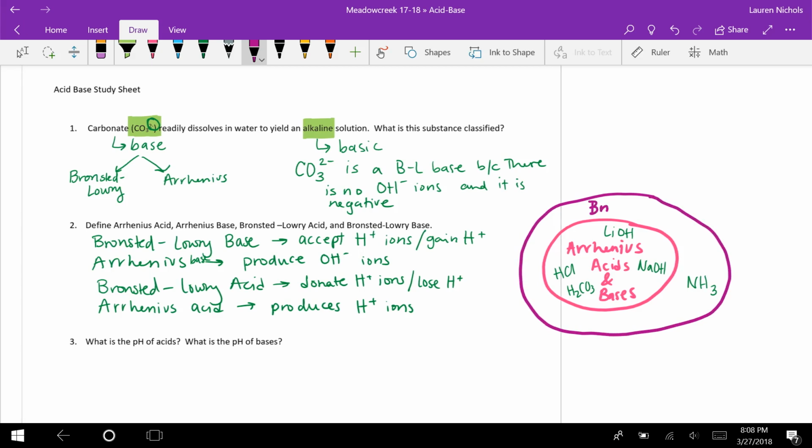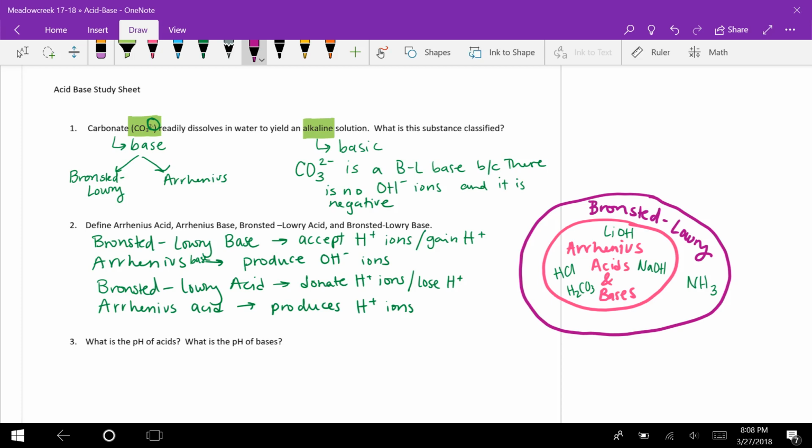Their acid definition did not change. They just changed the wording from produces H+ to donates H+, but it encompassed the NH3 and it became all about the hydrogens.